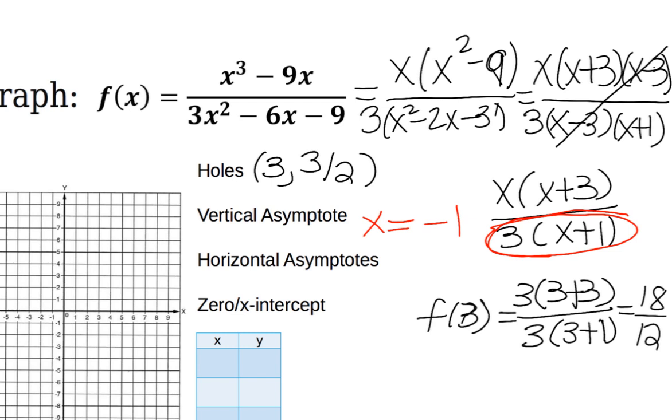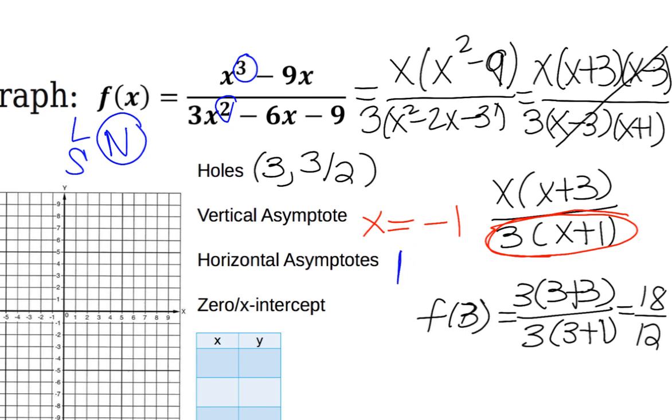And for our horizontal asymptote, remember, it's always better to go back to the original function to look. So if I look at my highest degrees, I have a 3 and a 2. So that means I have large over small. So that means I have no horizontal asymptote for this function.